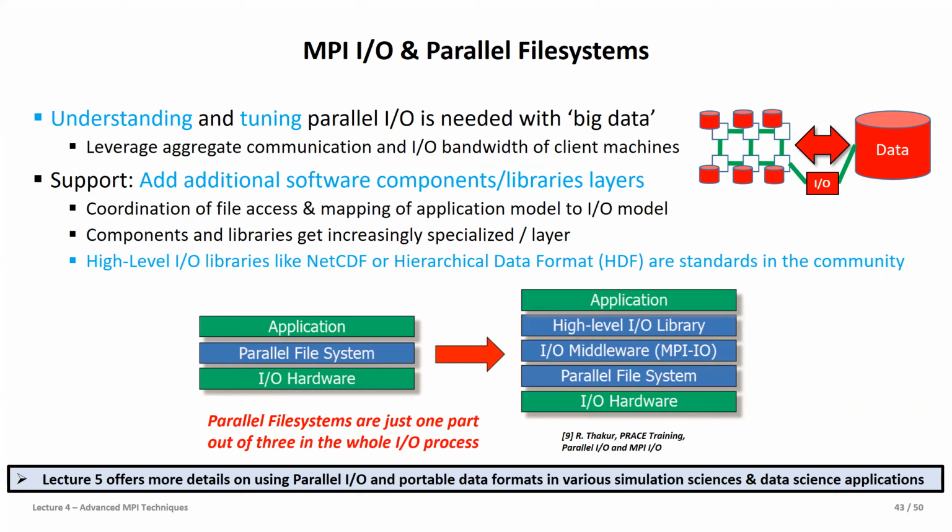We have a high-level IO library, which we didn't touch yet. We only talked about the IO hardware: the optical cables and the IO nodes that I have. We talked about a smart solution called the parallel file system that already assumes concurrent file access, so it is prepared for parallel streams into one file.